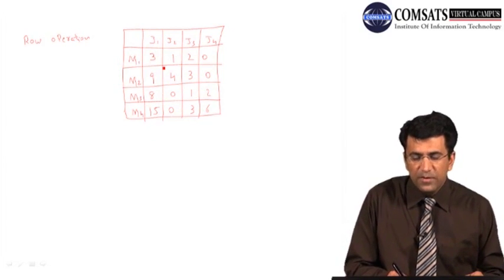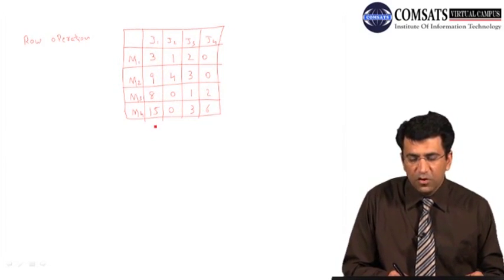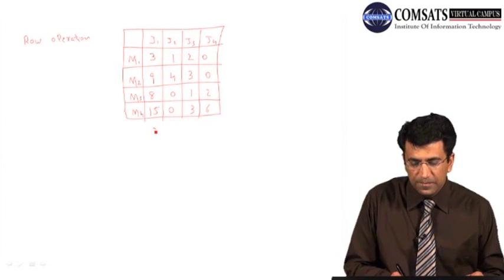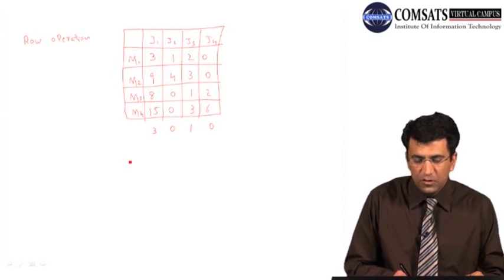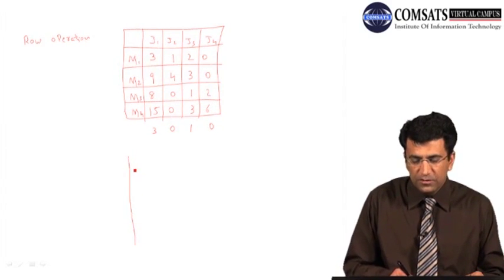You can see that the minimum value from the first column is 3. The minimum value from the second column is 0. The minimum value from the third column is 1. The minimum value from the fourth column again is 0. So we will again redraw this matrix.